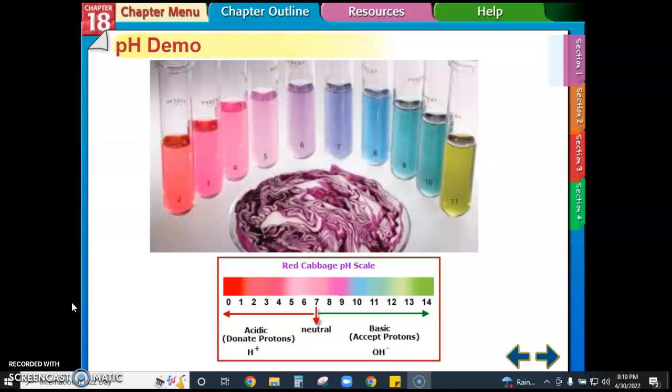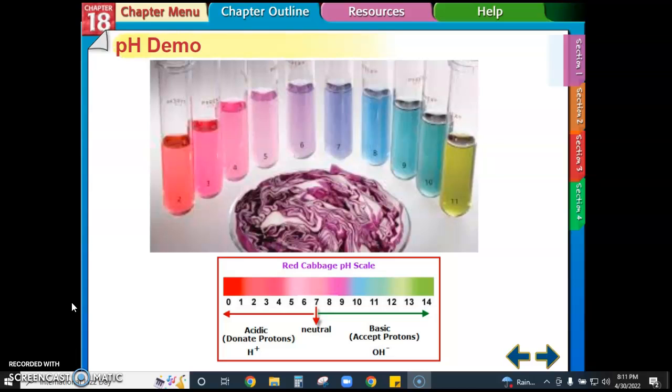Now, you also got to see the red cabbage solution demo and how we use red cabbage as an indicator for acids and bases. As you saw yesterday, you can make a rainbow with solutions of different acidity and basicity using that solution.